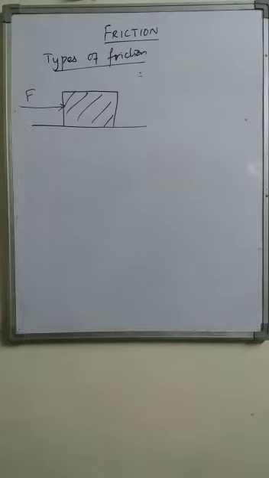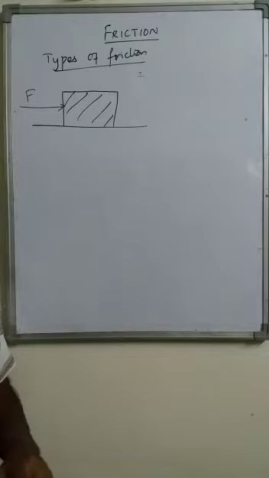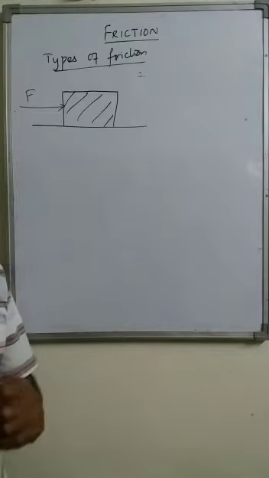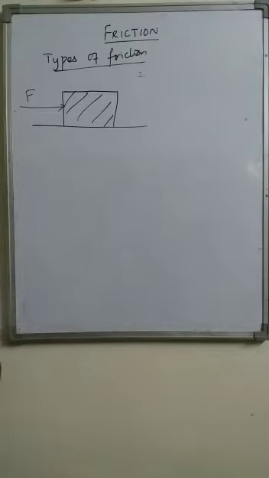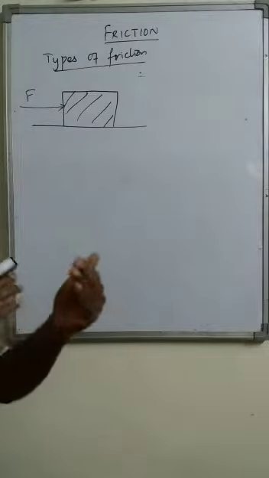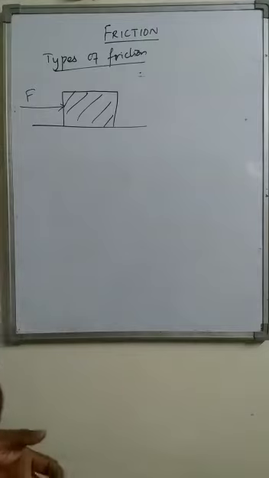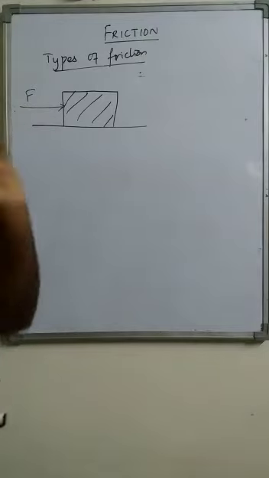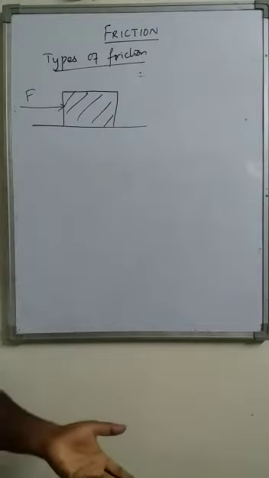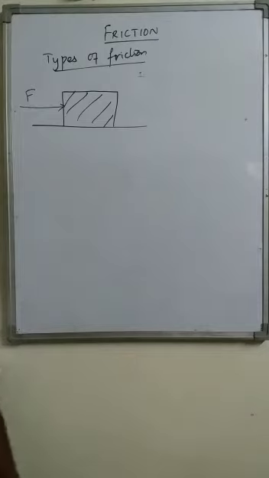due to the force, in the first chapter, force and pressure, we discussed the effects of force. The force can move the object, the force can stop the object, change the direction, change the shape and size. Here we apply the force, but it is not changing its state.